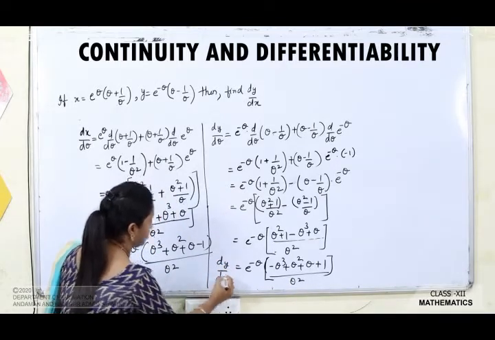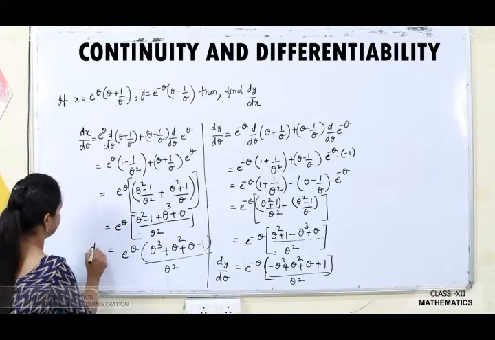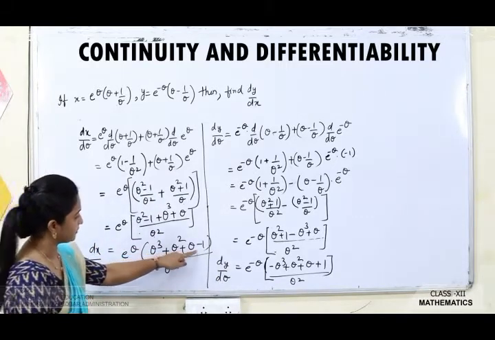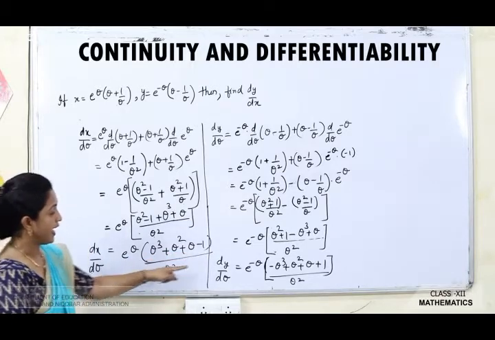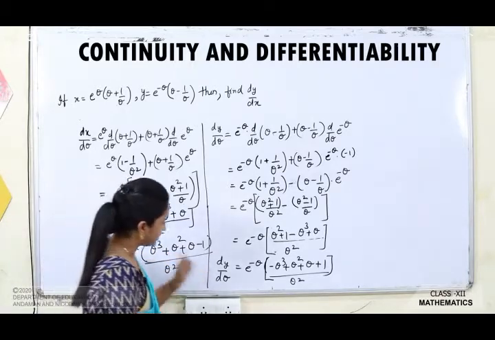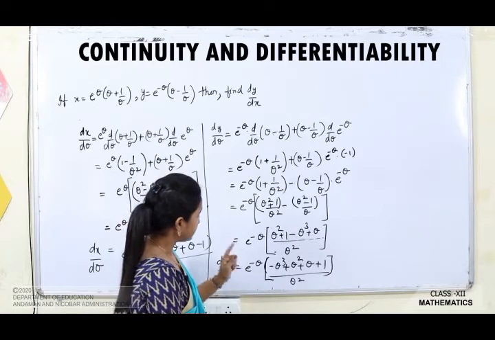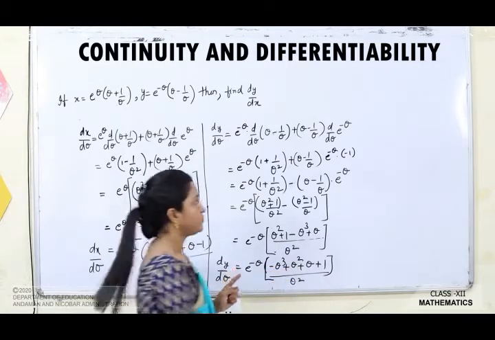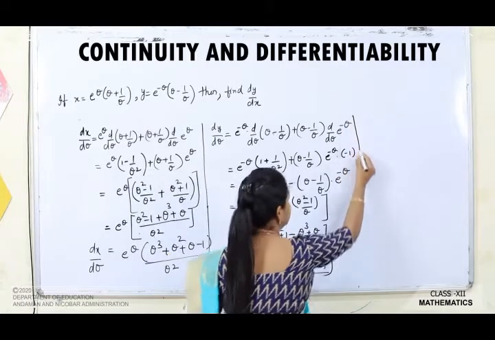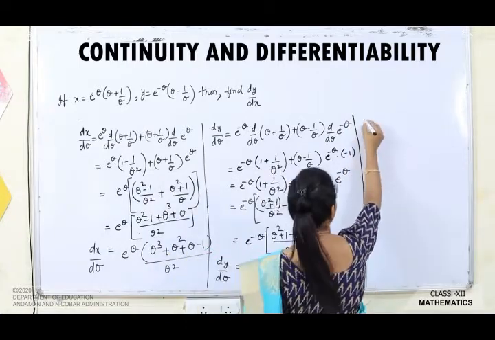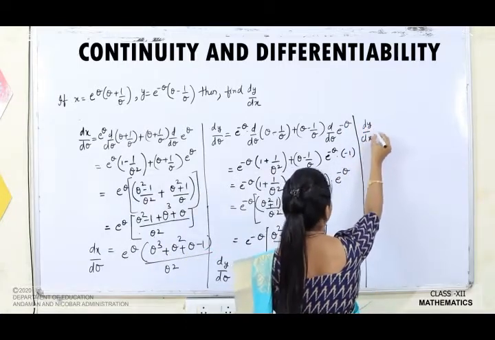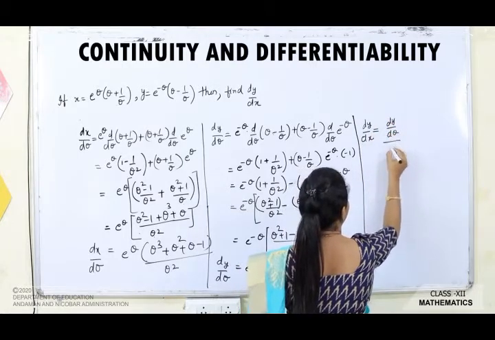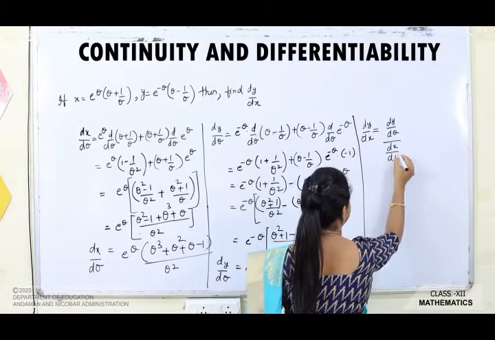So finally you got dx by d theta as e power theta, theta cube plus theta square plus theta minus 1 by theta square, and dy by d theta as e power minus theta, minus theta cube plus theta square plus theta plus 1 by theta square. Now what you will do? You will find dy by dx. We know that dy by dx, what is that dy by dx? dy by d theta by dx by d theta.